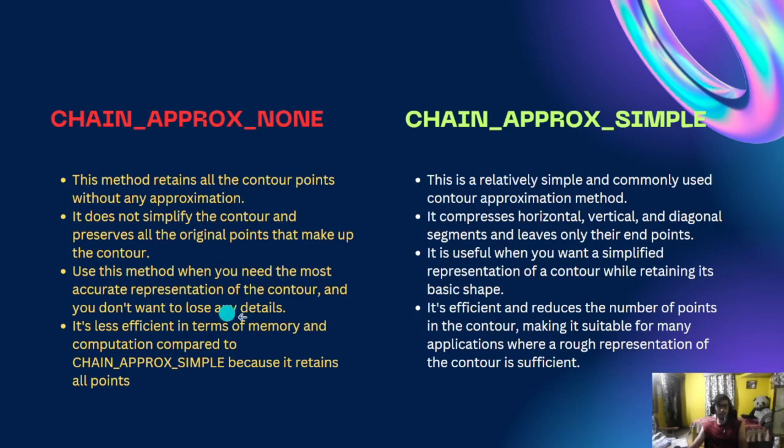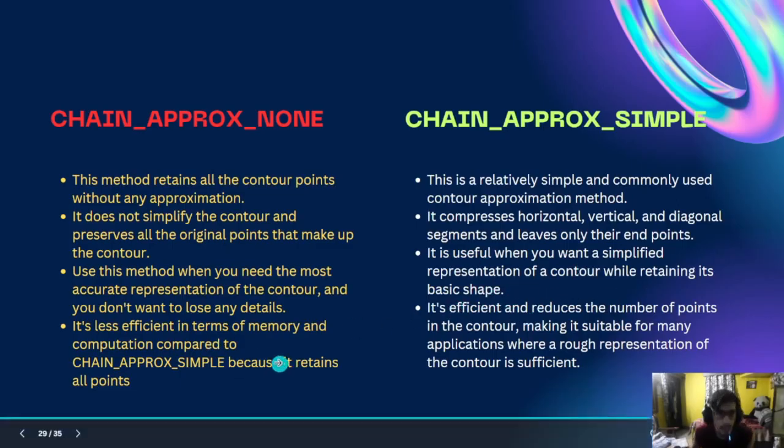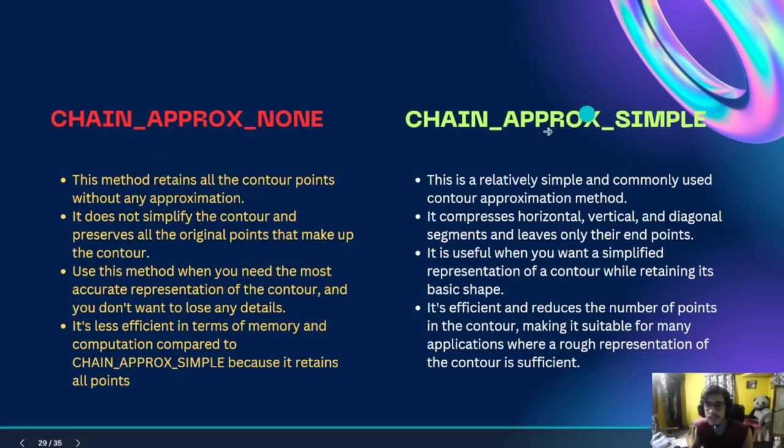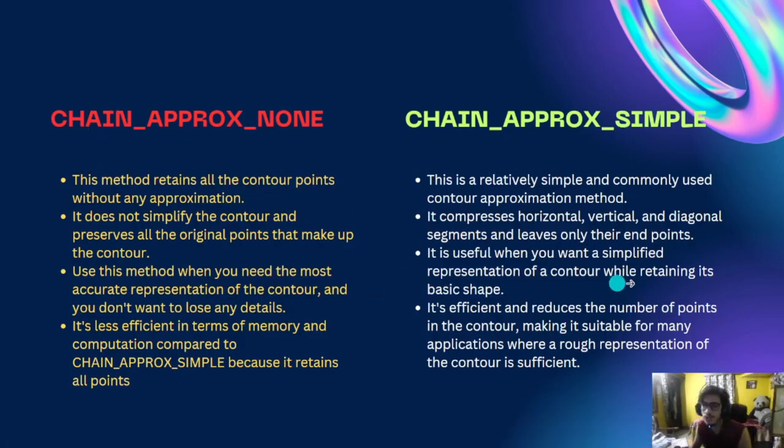We use none when we want an accurate representation of the contour. We use simple when we want a simplified representation or basic shape. None is less efficient in memory and computation compared to simple, because it retains all the points, while simple retains only some points, so it's more efficient.